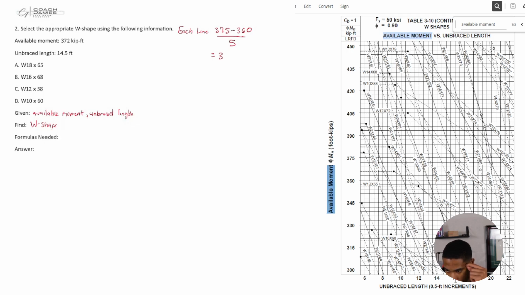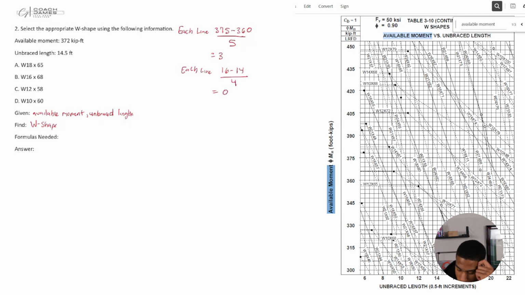So I would again do 16 minus 14 divided by 1, 2, 3, 4. And that means each line is 16 minus 14 divided by 4.